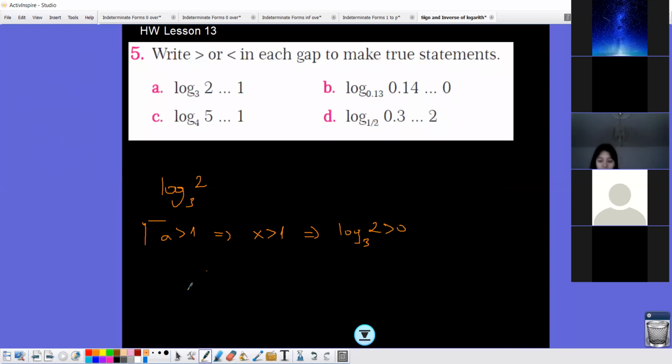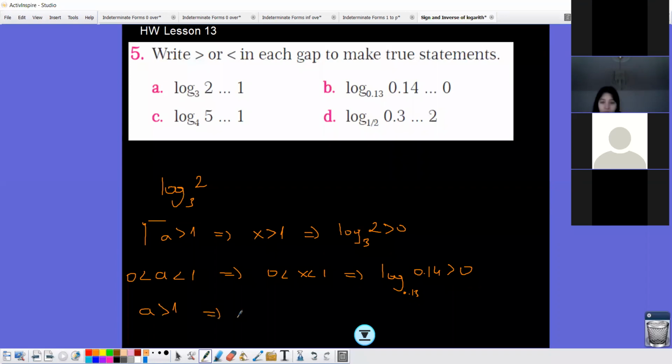What about B? The base is between 0 and 1, and x is between 0 and 1. So again, the logarithm of 0.14 to the base 0.13 will be greater than 0. What about C? Teacher, it will be bigger than 0. The base is greater than 1.